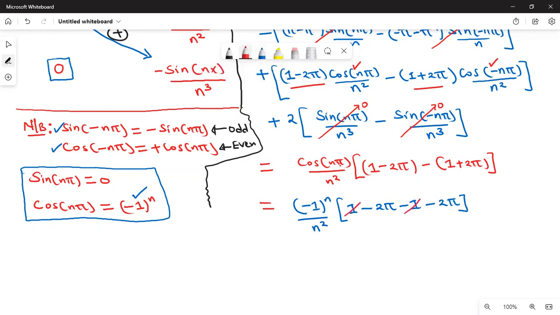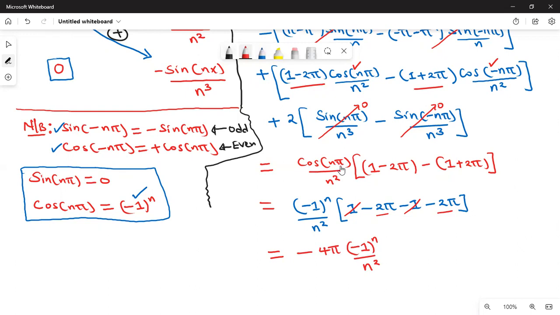And you see this can be simplified. 1 minus 1 is 0. And so here we'll have negative 4 pi times negative 1 raised to n over n squared. So that is our answer.